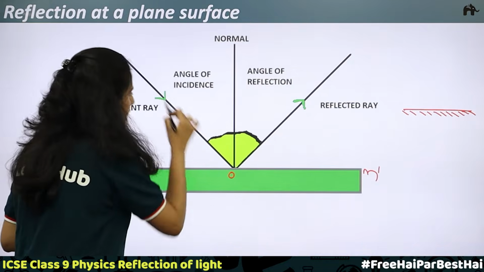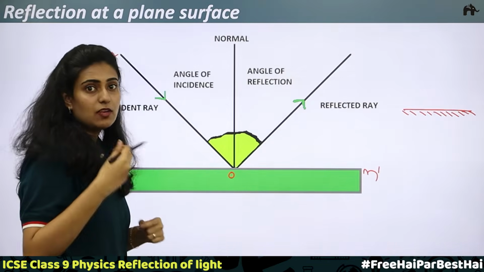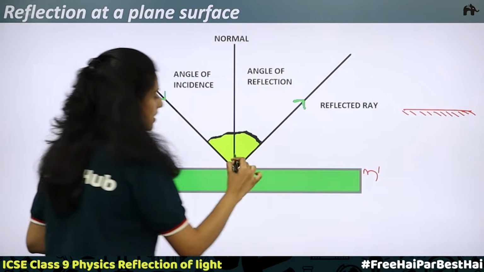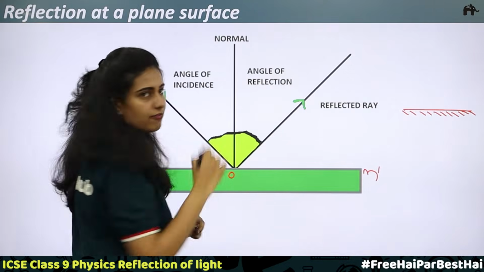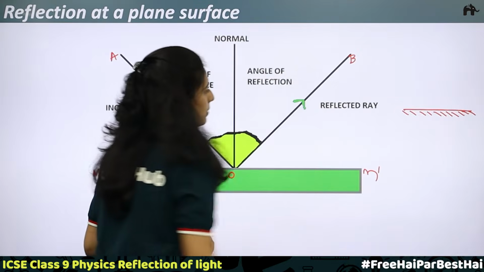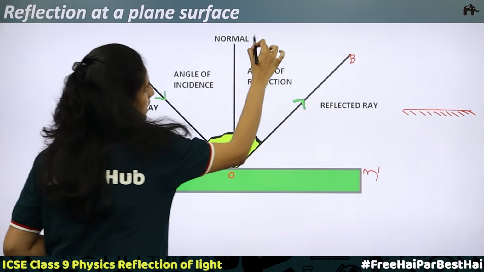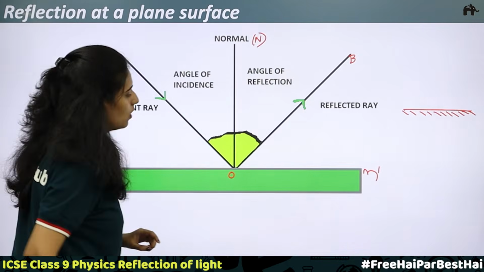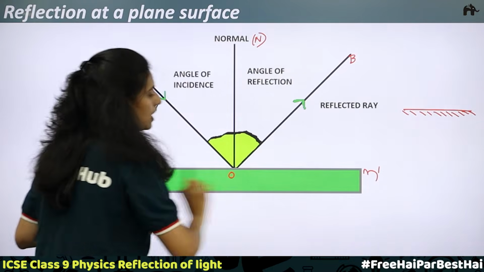After the light ray is incident, what happens? It will get reflected. Then there will be a reflected ray. The ray which comes out of the plane mirror is called the reflected ray. Let OB be the reflected ray. Now we can name this point N. So ON is a straight line which is perpendicular to the plane mirror.